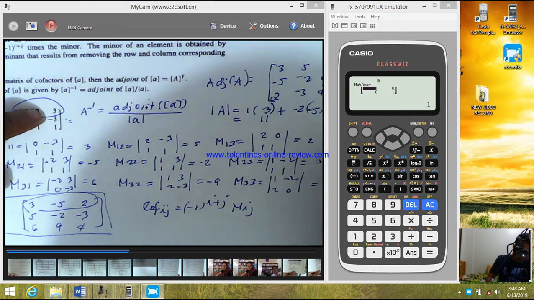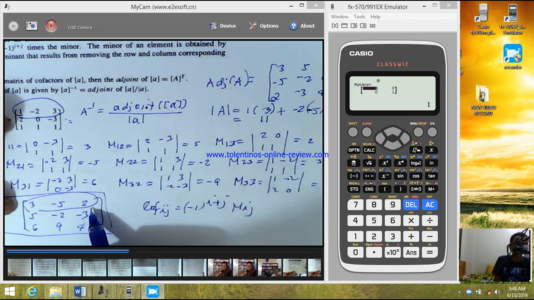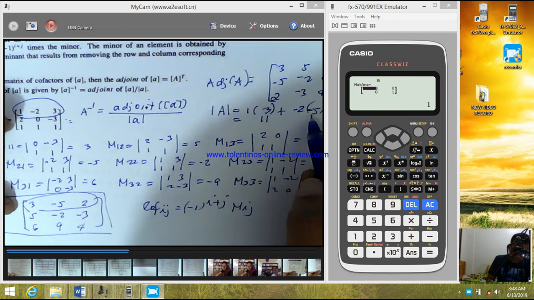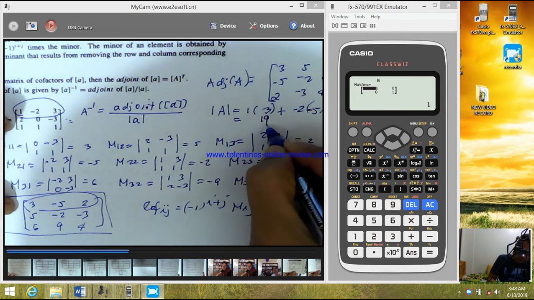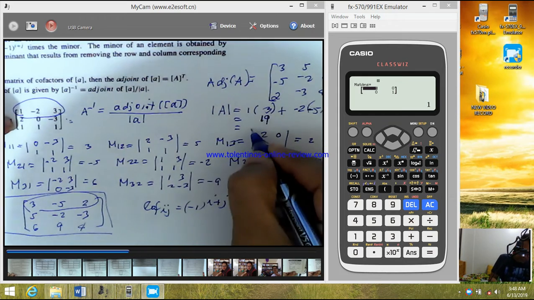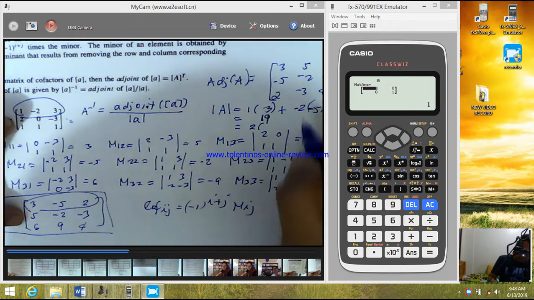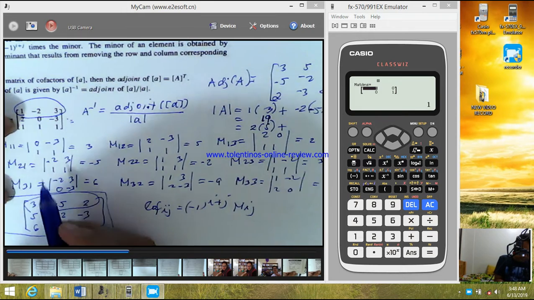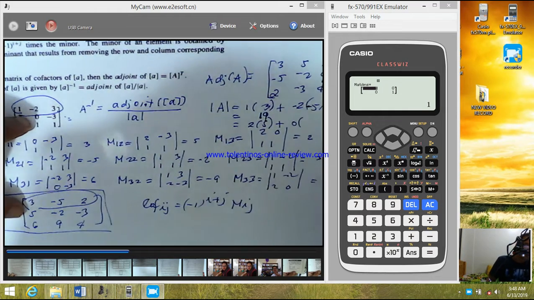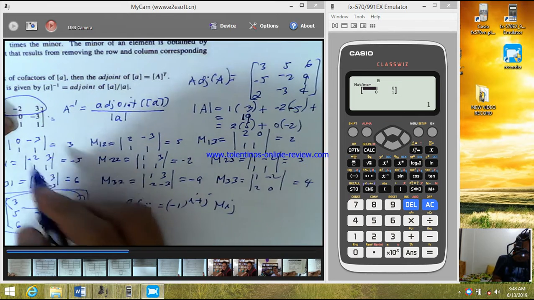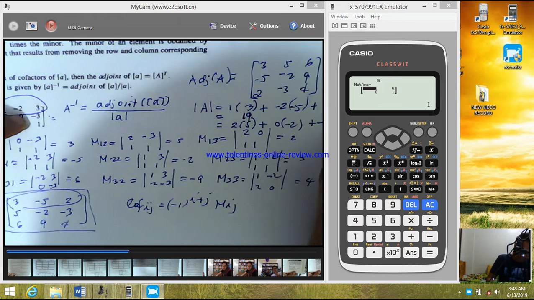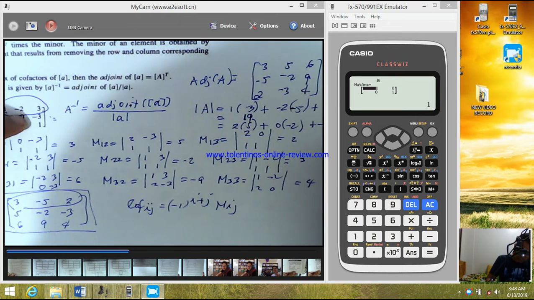So this is 3 plus 10, 13, plus 6 is 19. You can also multiply the next row: 2 times 5, plus 0 times negative 2, plus negative 3 times negative 3. That's also 19.